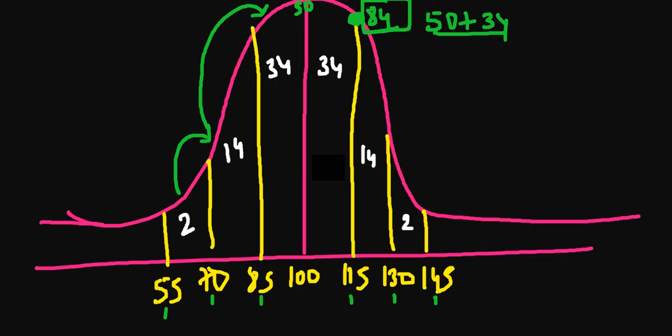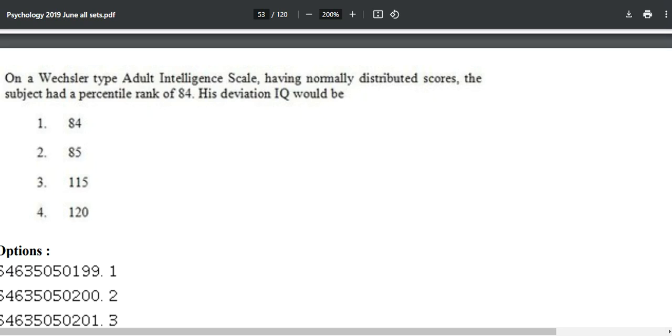So for a person with 84 percentile rank, what would be his deviation IQ? I hope you got the answer. Happiness comes in, fear goes out. 84, 85 are very irrelevant options. 120 is not even a deviation IQ on the Wechsler type adult intelligence scale.